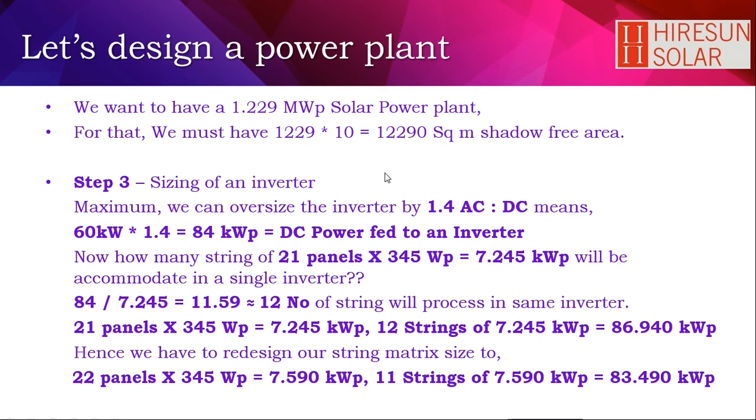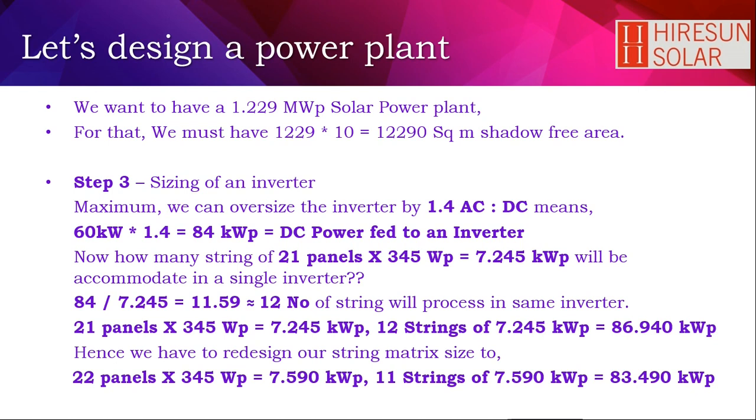So we can oversize the inverter, because AC and DC voltages are not same. So we are oversizing the inverter by keeping a constant of 1.4, and we are multiplying this 1.4 if we are taking this 60 kilowatt inverter. So we are having the 84 kilowatt peak, that is a DC power fed to the inverter.